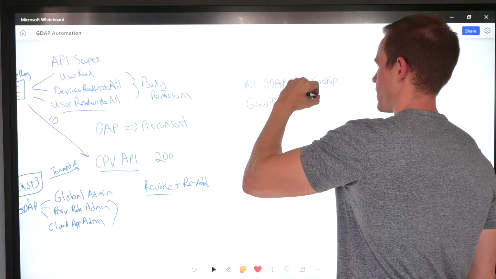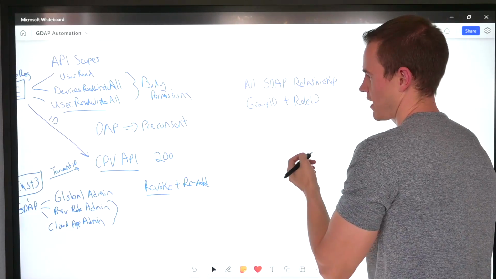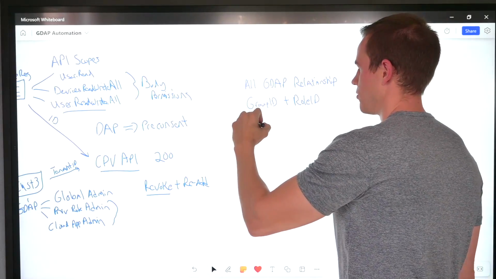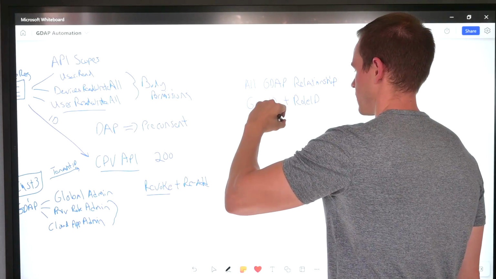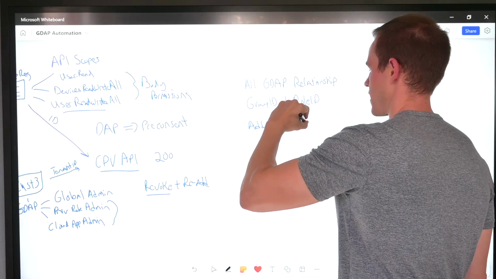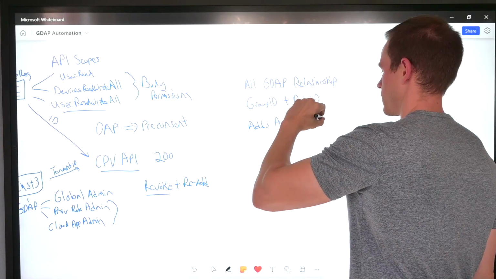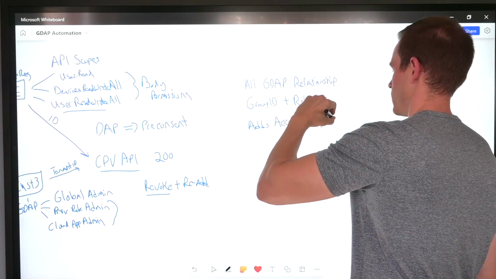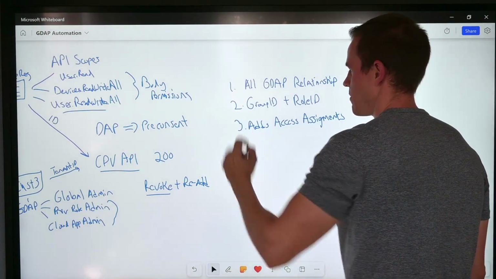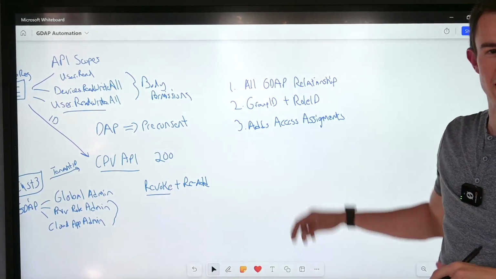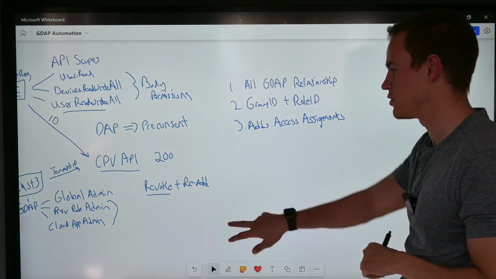I can show you guys how to get that for what you want to add, and then it just loops through and adds that role to all the access assignments. So it's effectively taking this very manual process and automating that whole thing, in general.